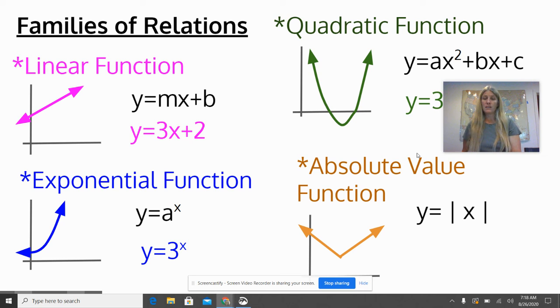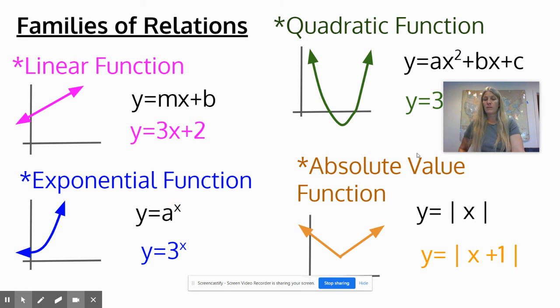Now notice in this case for our absolute value functions, our x is inside the absolute value. So that's how you know that we're going to get that V shape. So we might have something like y equals the absolute value of x plus 1. Now, of course, to graph any of these, all you're going to do is plug in a number for x and solve for y. And that answer is your ordered pair.